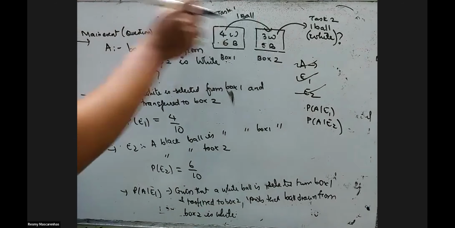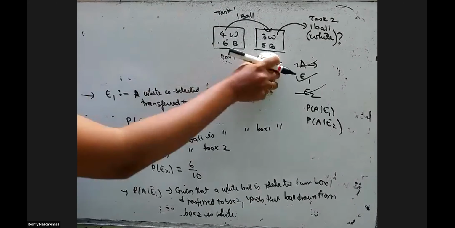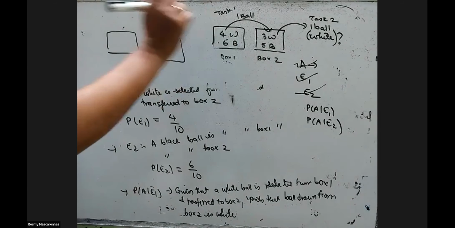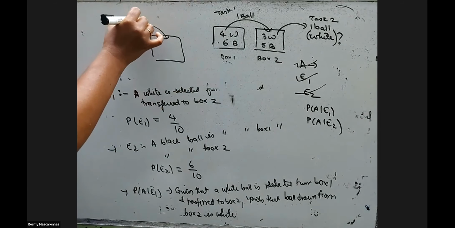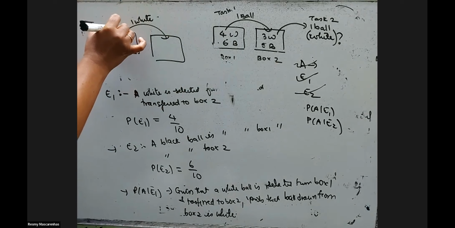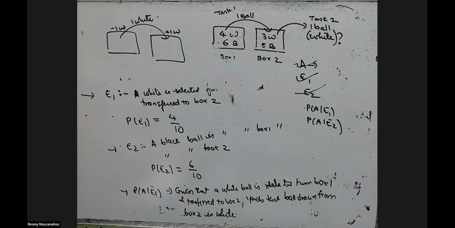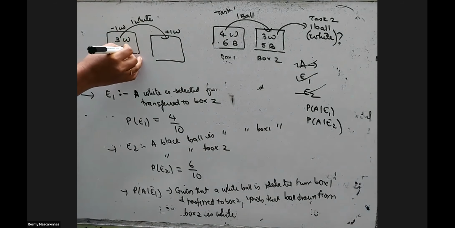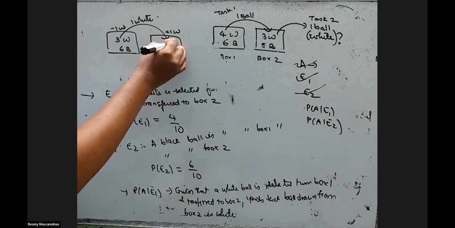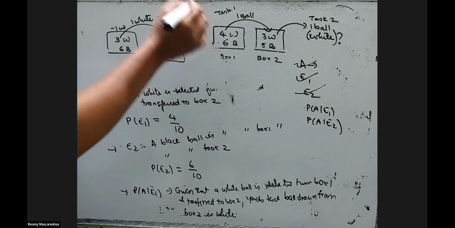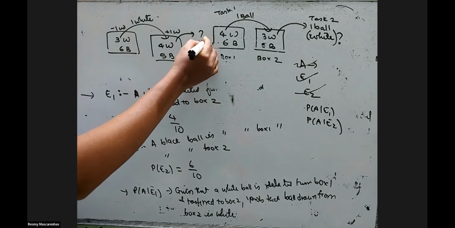So under this, draw this box again. This is the main one, starting. You're assuming one white ball has been transferred. So here minus 1 white, here plus 1 white. Here 3 white will remain, 6 black. Here how many will it become? 4 white, 5 black. And then you're picking a ball, and this has to be white.